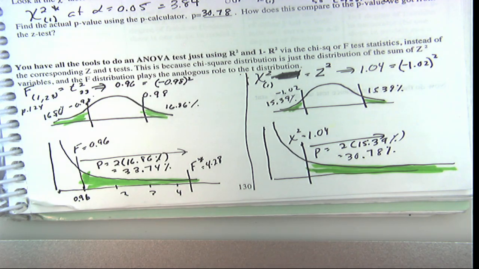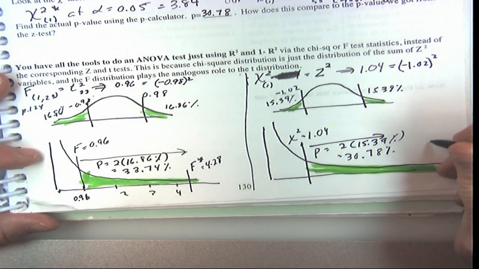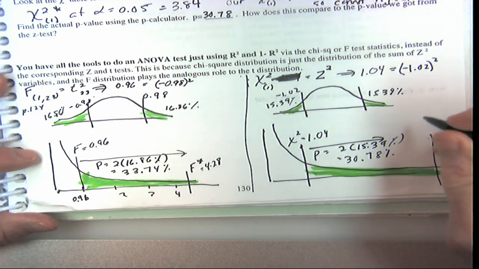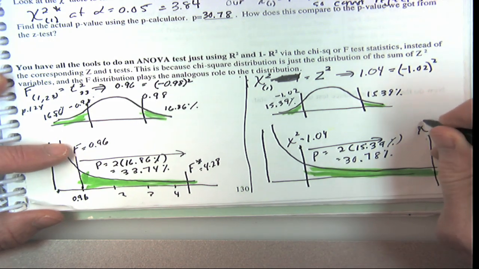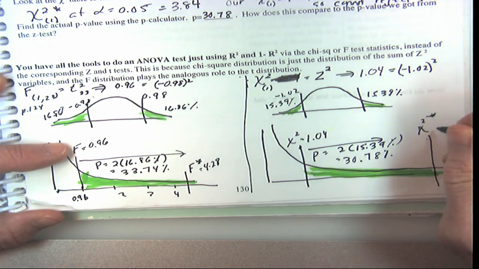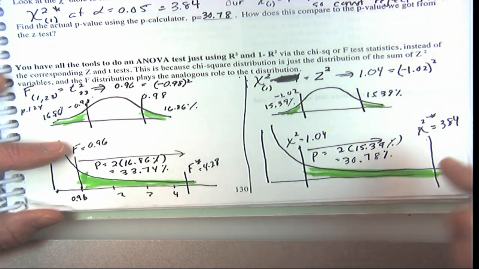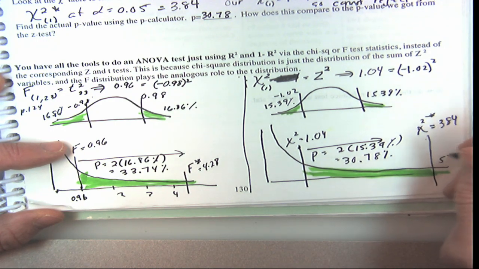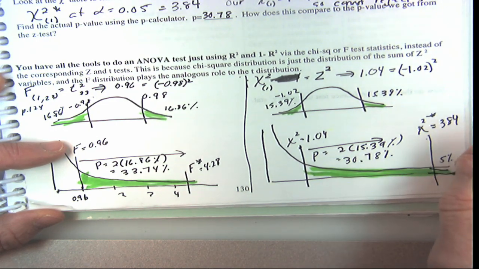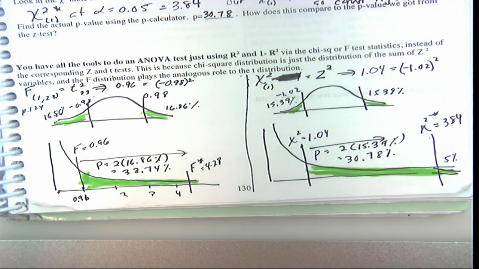And that's the idea. Oh, and then we got this little way out here. We had our critical value. We didn't reach it. Our critical value was 3.84. And after that, it's 5%. It's a small amount.